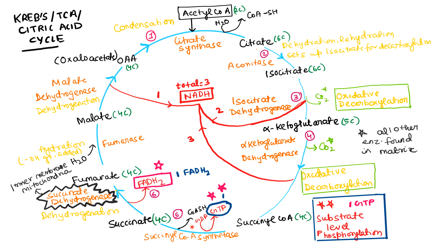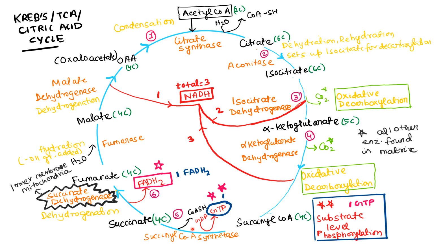Here the succinyl coenzyme A also leads to the formation of GTP, which is nothing but guanosine triphosphate, comparable to ATP. So first substrate level phosphorylation takes place when succinyl coenzyme A is getting converted to succinate and losing its coenzyme A group. Is that clear?